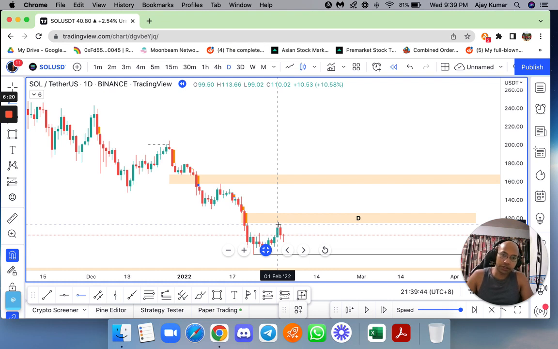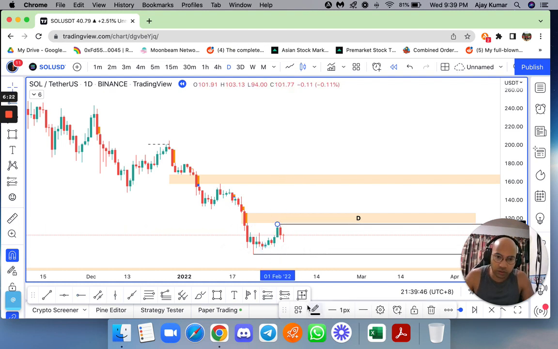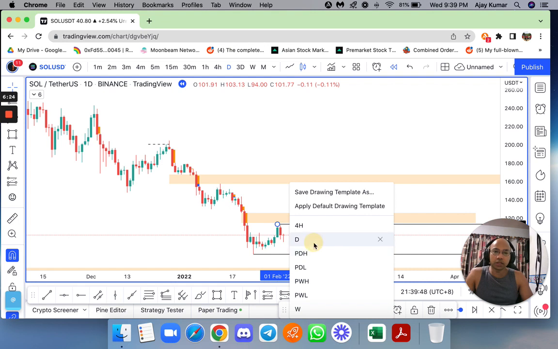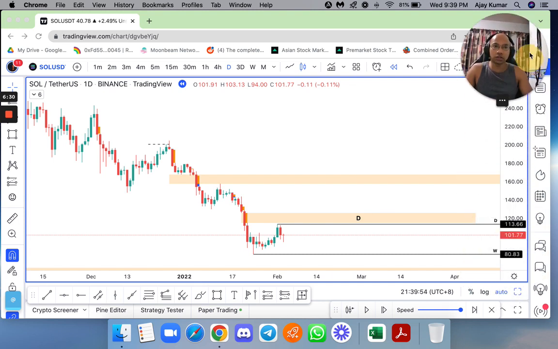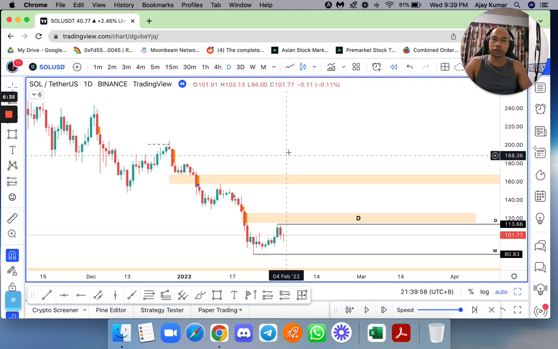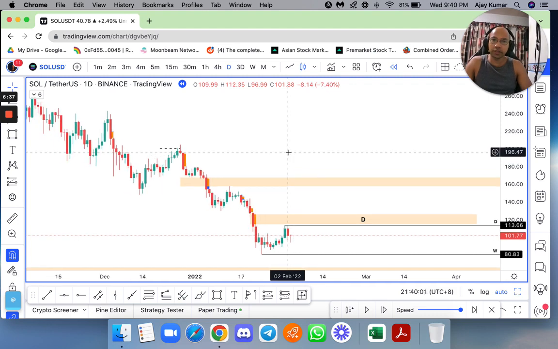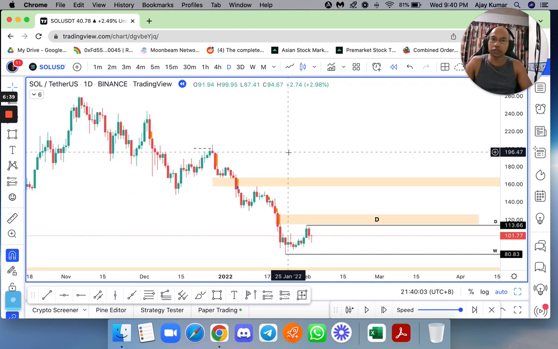Never mind this. Okay, let's mark it out. I don't see it as being that relevant because there's a fair value gap just right above it. So we know that it's a point of interest.